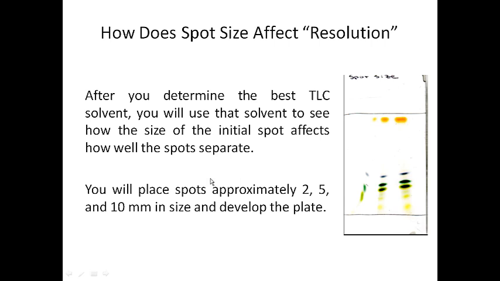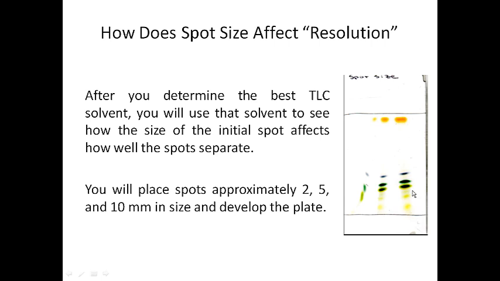Okay. So then after you determine what the best TLC solvent is, you're going to see what different spot size makes. So you're going to have approximately a 2 millimeter, 5 millimeter, and 10 millimeter spot, and you'll see what the optimum spot size should be. If the spot's too big, do all the spots run together?